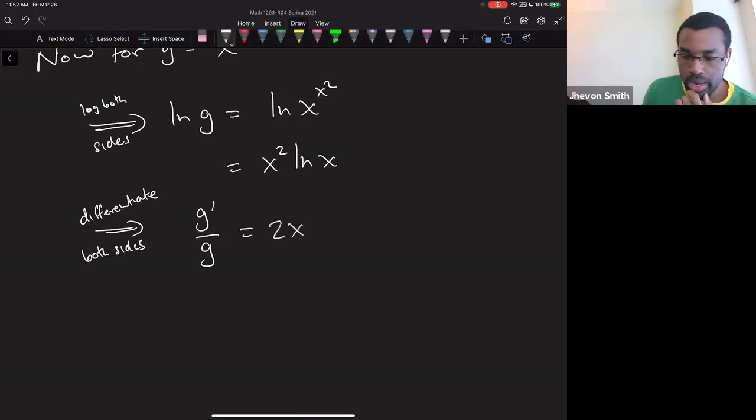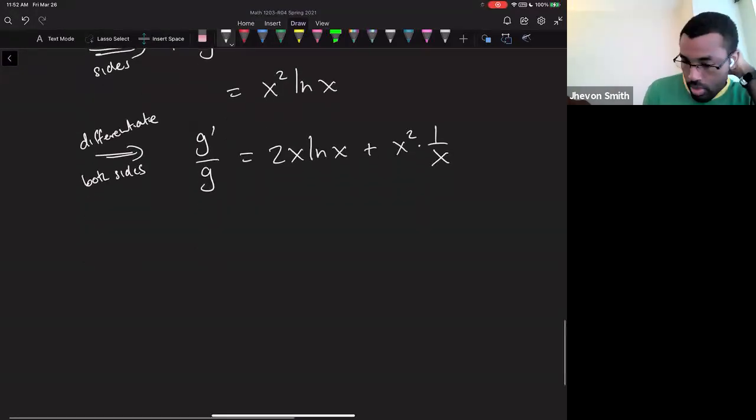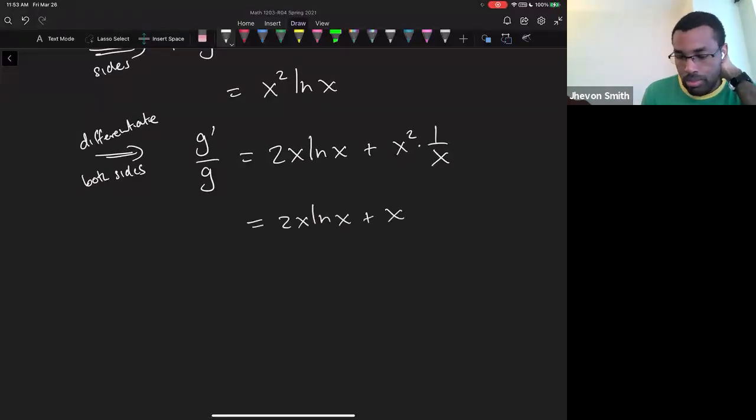So that's going to be 2x ln x plus x squared times 1 over x. So this is going to be 2x ln x plus x. Or I guess you could write it as x times 2 ln x plus 1, if you fancy.